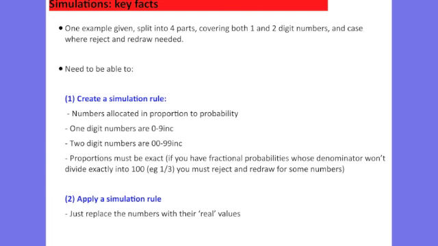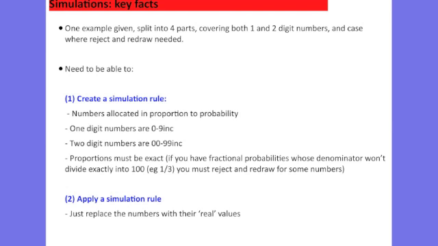Simulation. It may not be possible to carry out an experiment in order to estimate the probability of an event happening. This may be because it's too complex or it's just not desired. In such cases, you can simulate the problem, and this is what this part of the session is about.